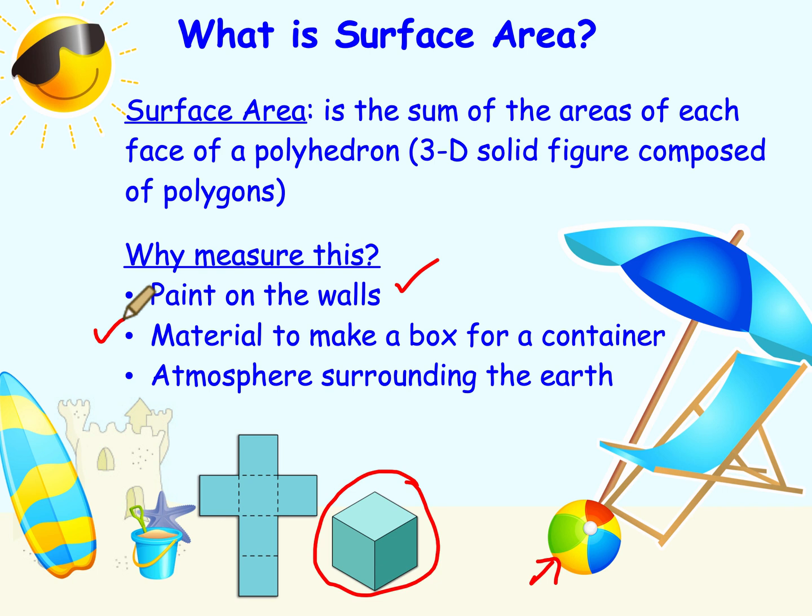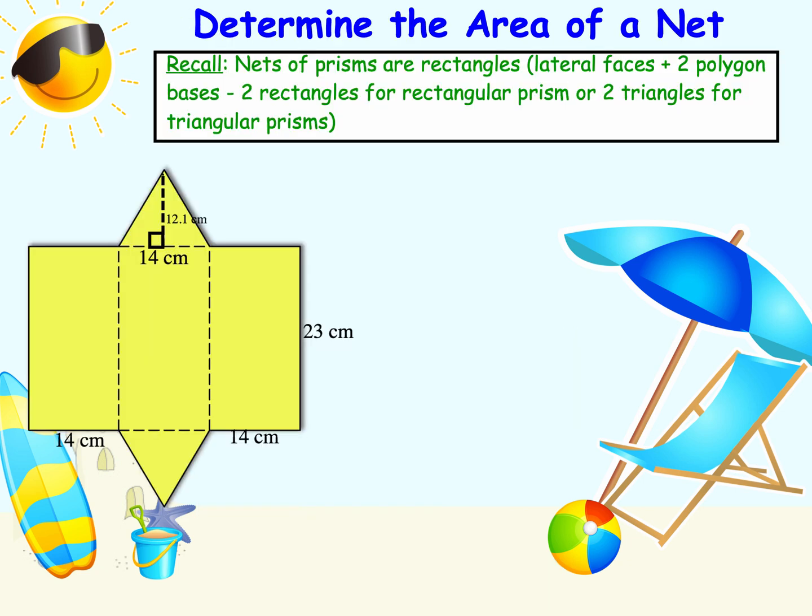Or later on, when you start learning how to do the surface area of the vinyl that goes into that beach ball, or the atmosphere that surrounds our earth, we can measure those surface areas. Okay, so that's why we measure surface area.